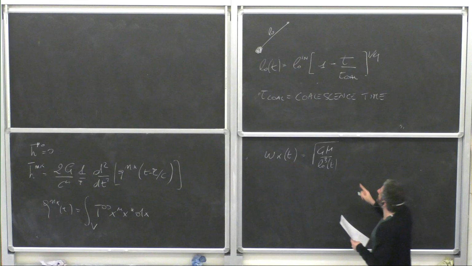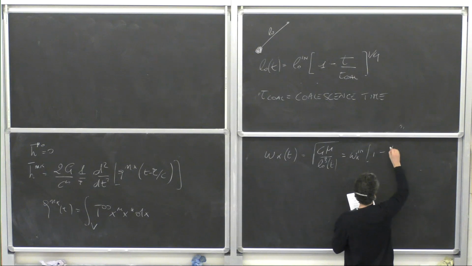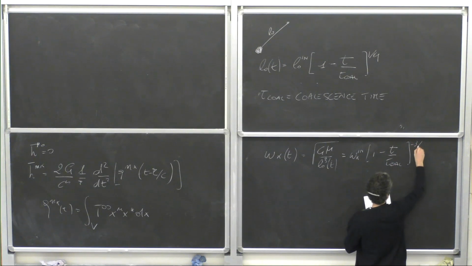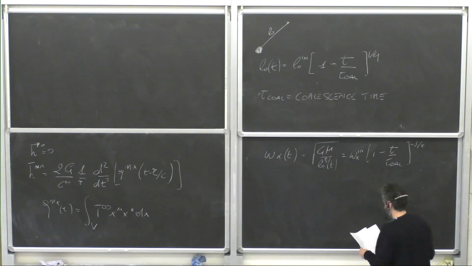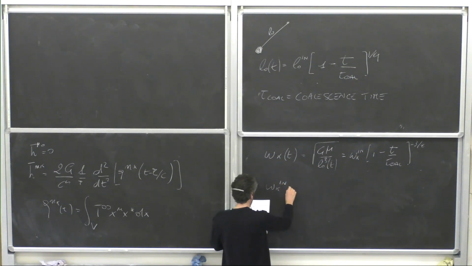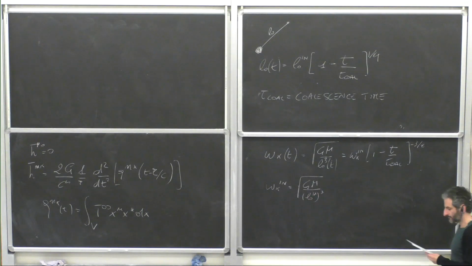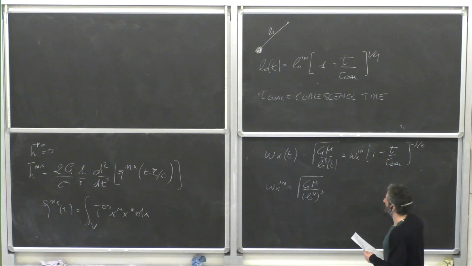If you plug in that equation, you find that this can be written as this, where of course omega_K initial is the square root of GM over L0 initial cubed.